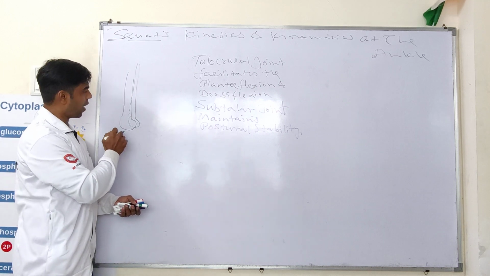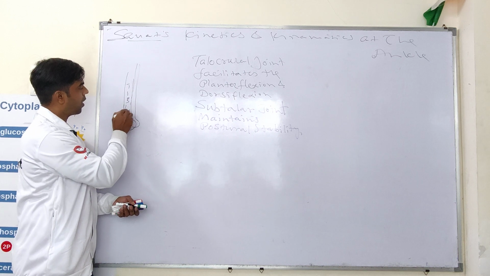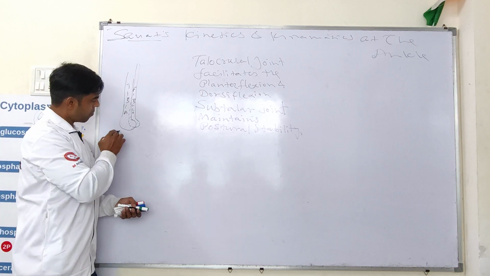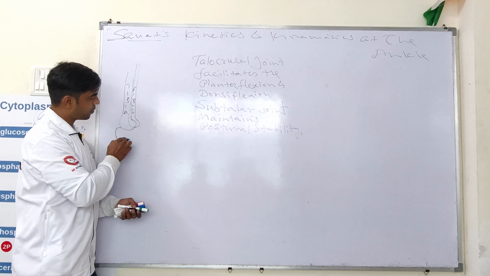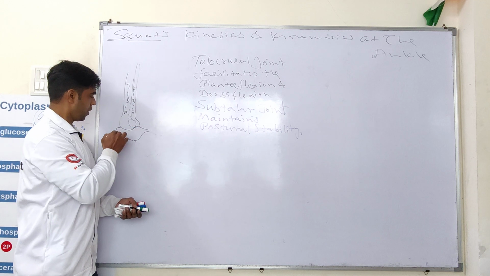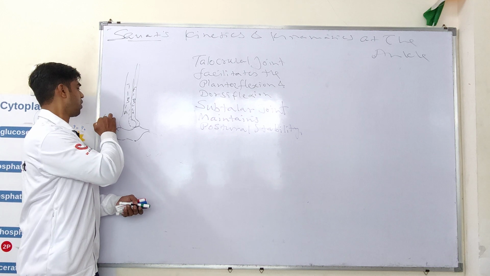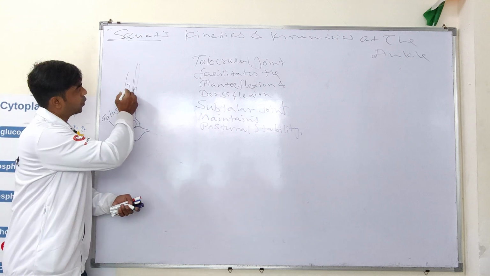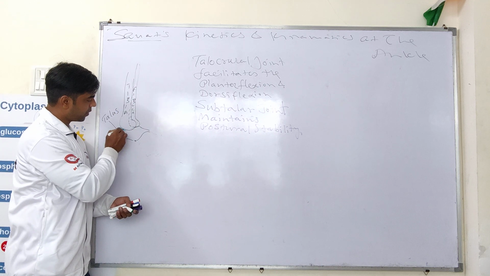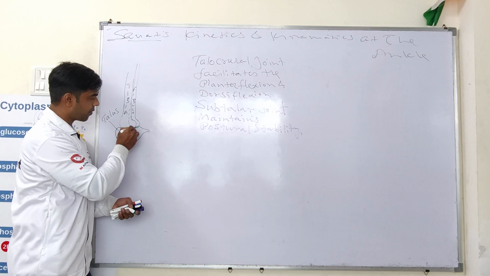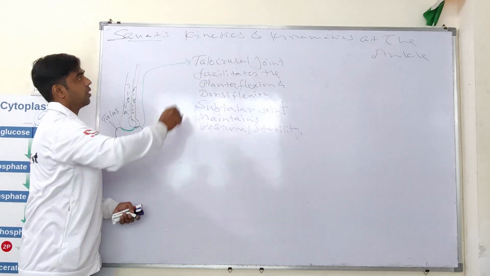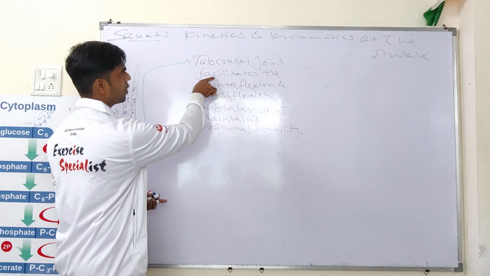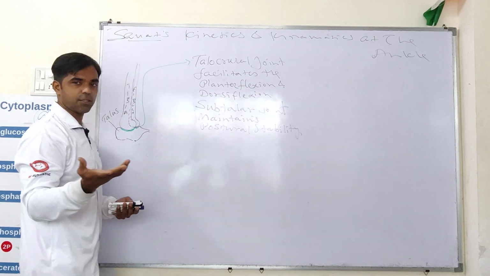The tibia and fibula are resting on a bone called the talus. Where these bones make contact, this joint surface is called the talocrural joint, and it facilitates plantar flexion and dorsiflexion.